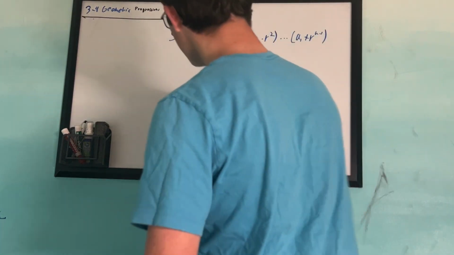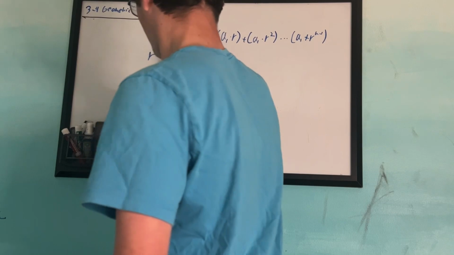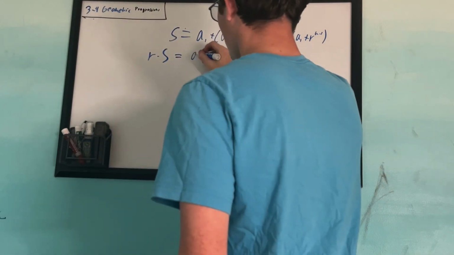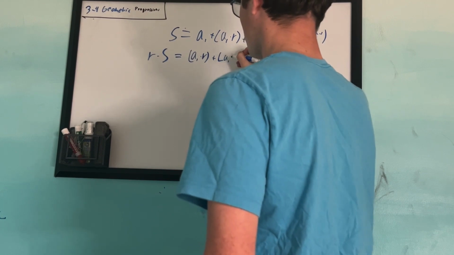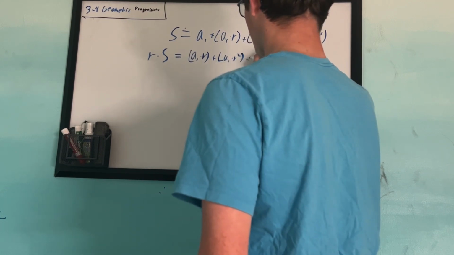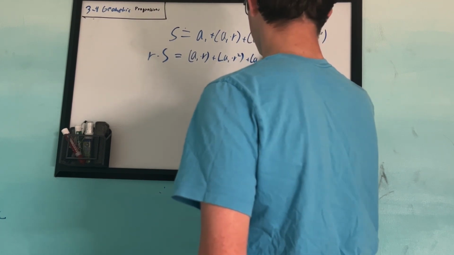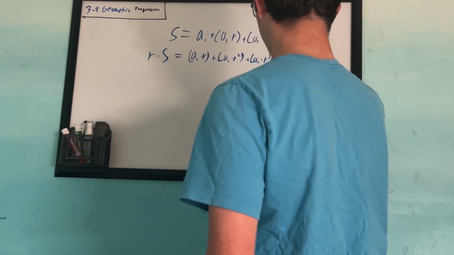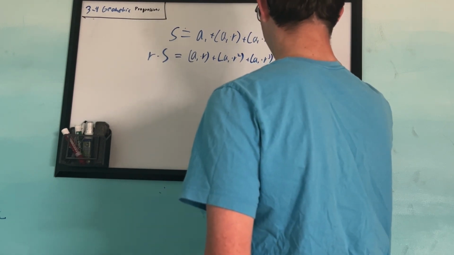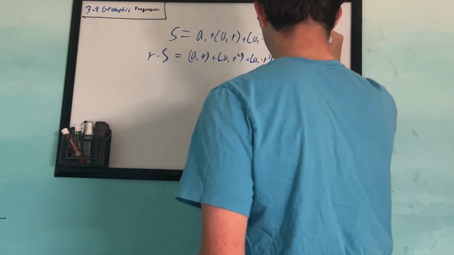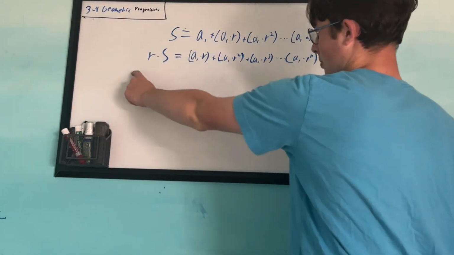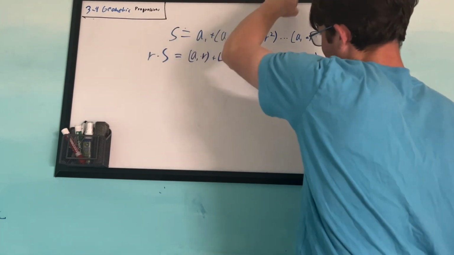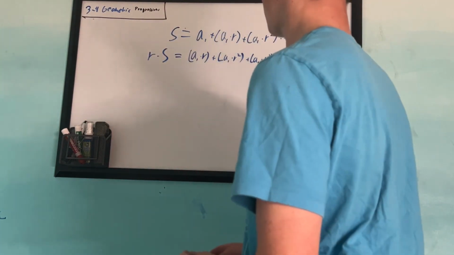Then we're going to find this other series, R times S equals A1 times R plus A1 times R squared plus A1 times R cubed, all the way up to A1 times R to the n. Since we're multiplying by R, we just multiply each term by R.